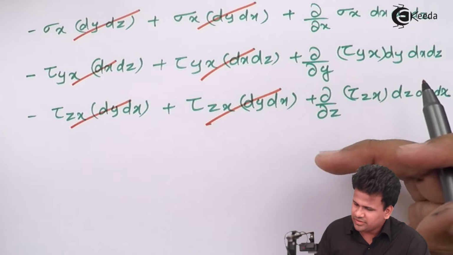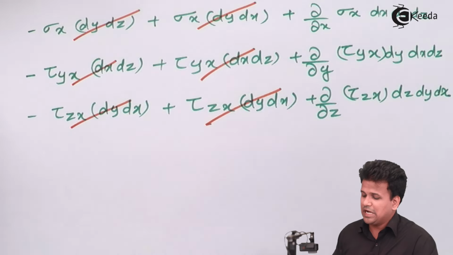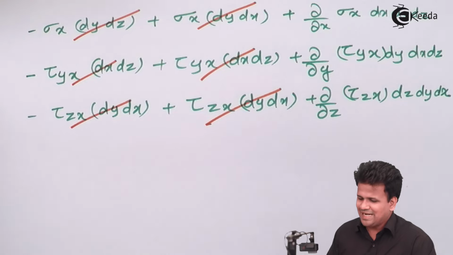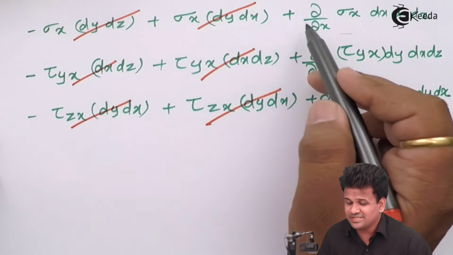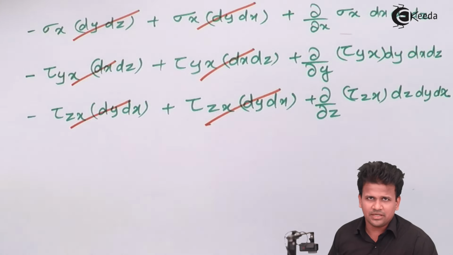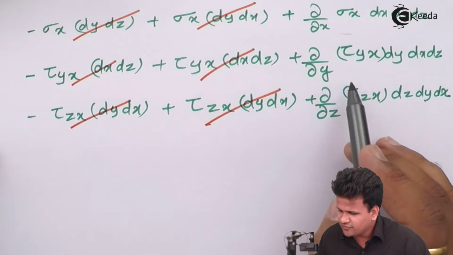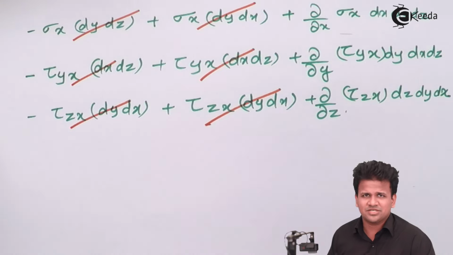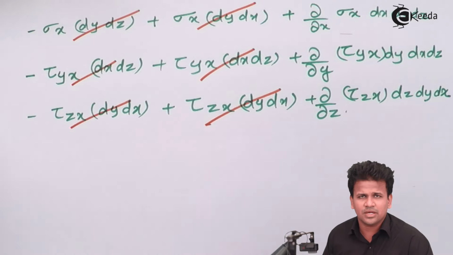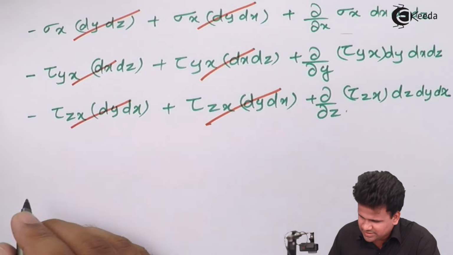Hence whatever we have along x direction will constitute two forces. This is the force due to pressure, since it is perpendicular to the area of cross section, and this is the force due to viscosity, that is the shear stresses acting along x direction. So let us write this down.